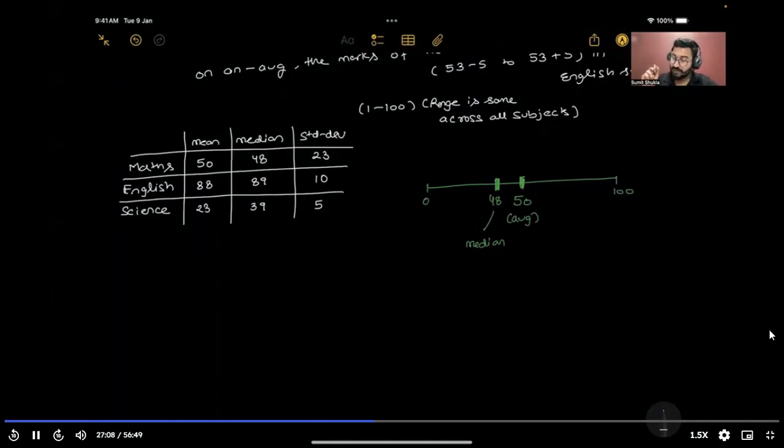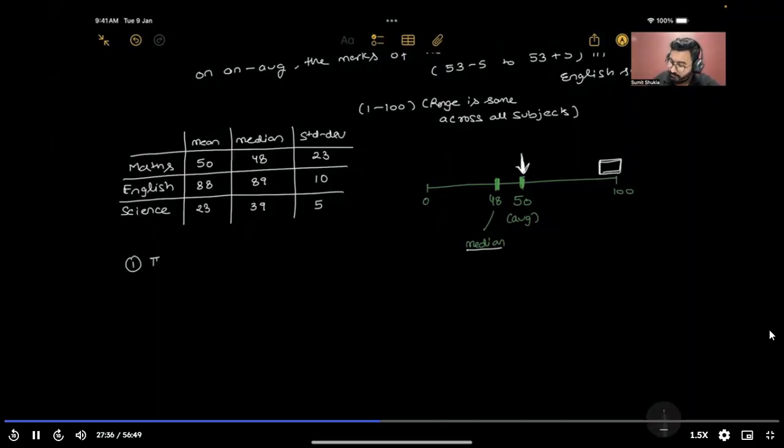So if my median is on the lower side, but the mean is over here, that basically means there must be some outlier value due to which the mean has been shifted towards the higher side.